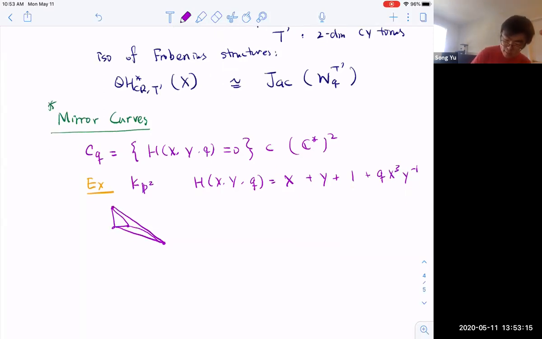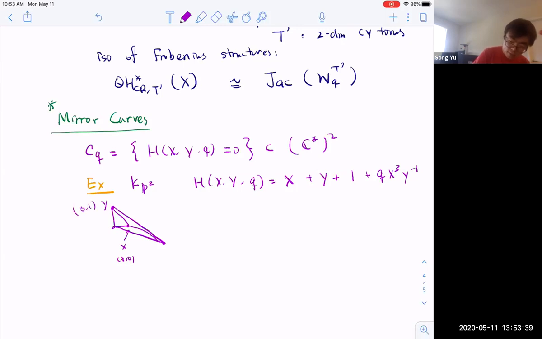The first term x corresponds to this middle point, which has coordinate (1, 0). The powers of x and y are the coordinates of the lattice points, so y corresponds to (0, 1).